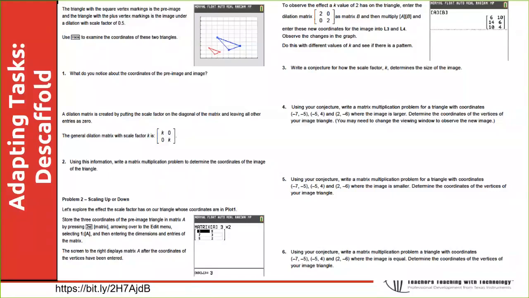So there's one comment: could the student come up with coordinates for a new triangle? Yep, it looks like that touches on question 2, using this information, write a matrix multiplication problem to determine the coordinates of the image of the triangle.